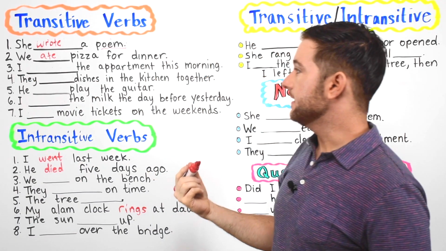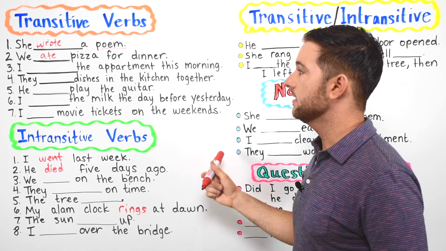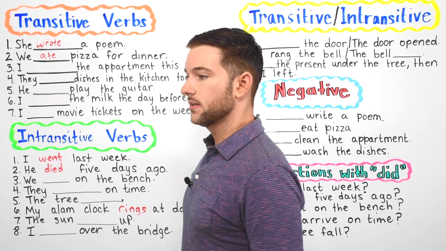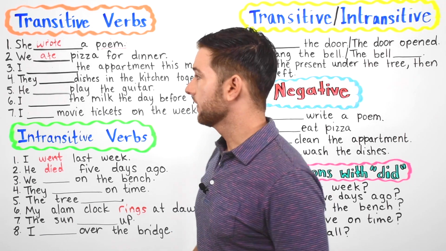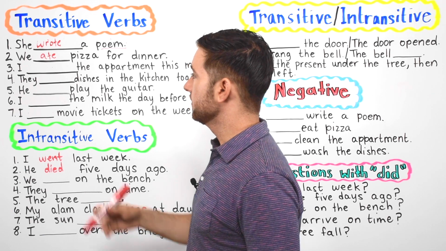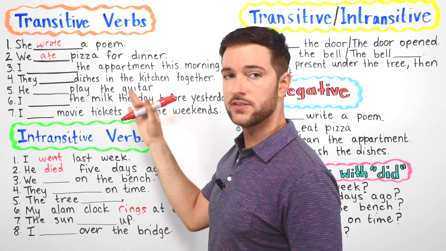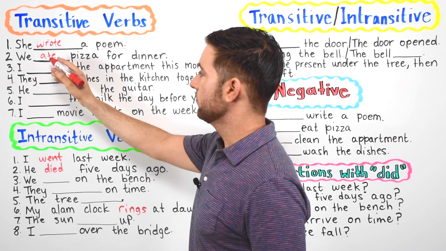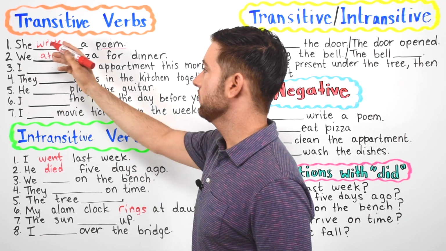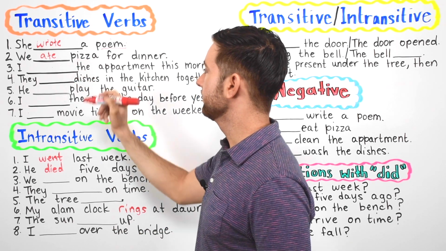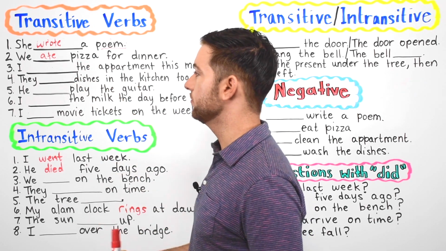Now, ate is the past tense coming from the verb to eat, and we're performing an action on the object. In this sentence, what is the object? Do you know? The object is pizza. So we are eating the pizza. Pizza is the object. It has the action performed to it.